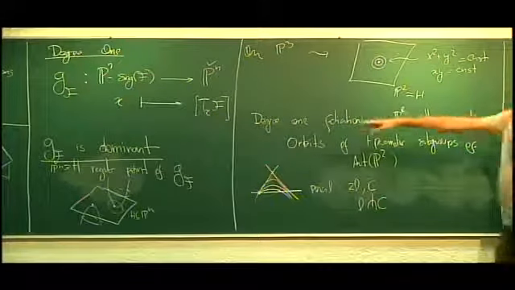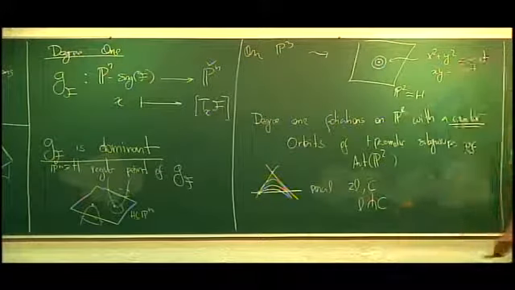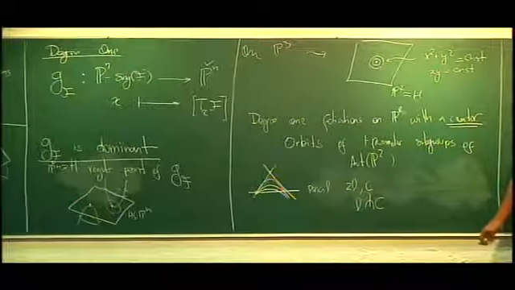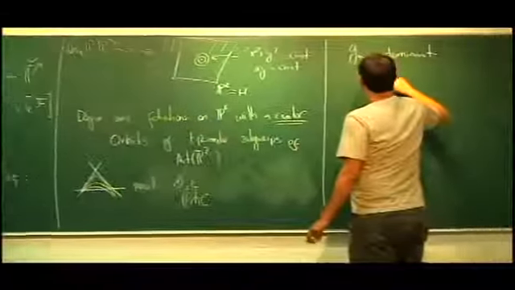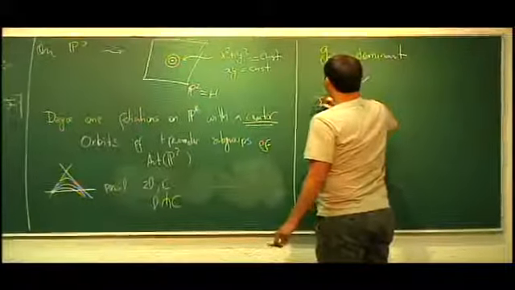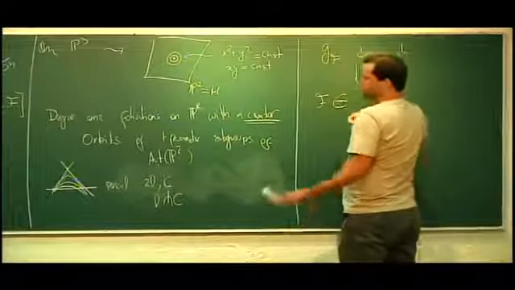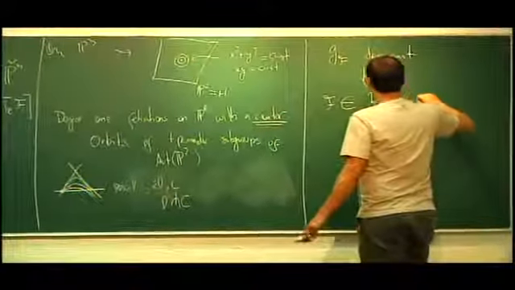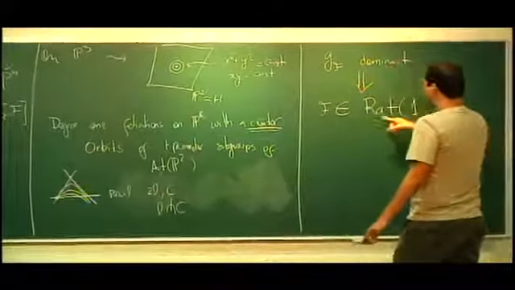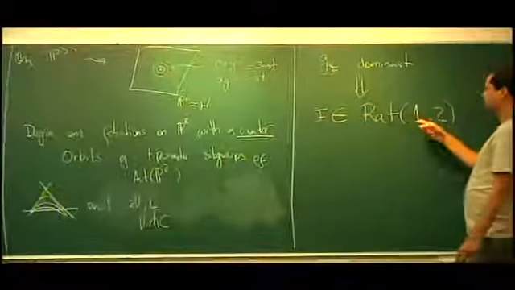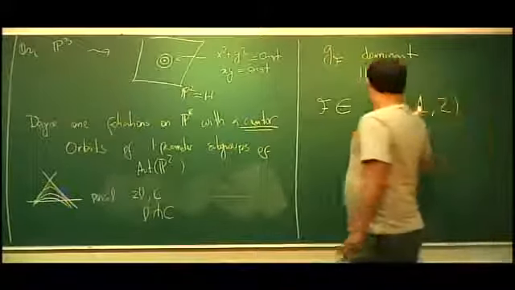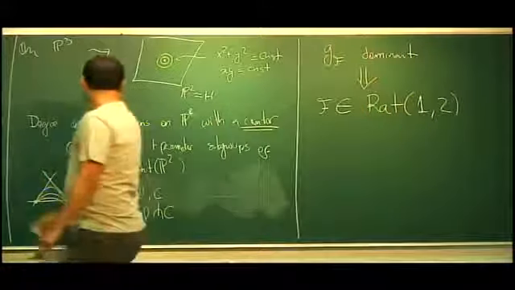So if GF is dominant, then our foliation belongs to the rational component that Omega R called Rat(1,2), meaning that it's a pencil of hypersurfaces of degree 2 and 1, with this one with multiplicity 2.